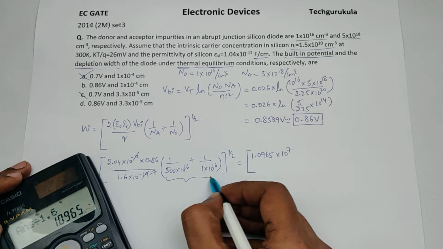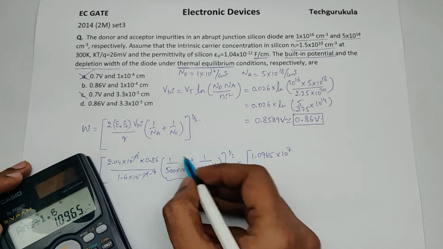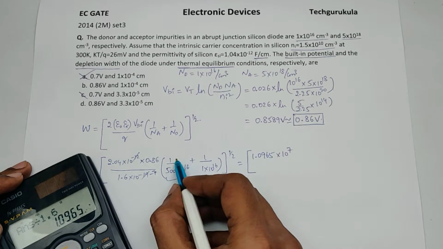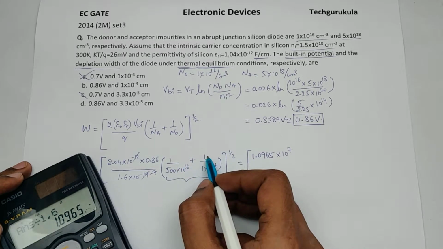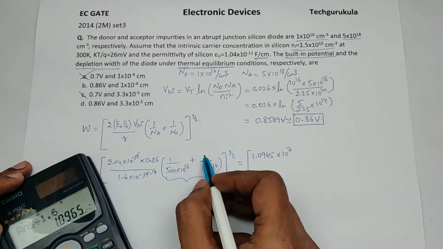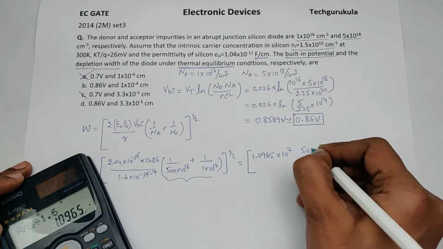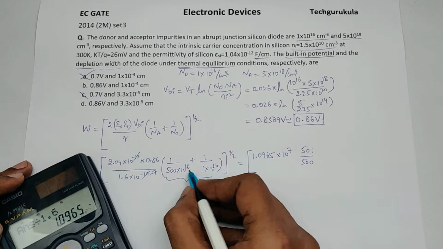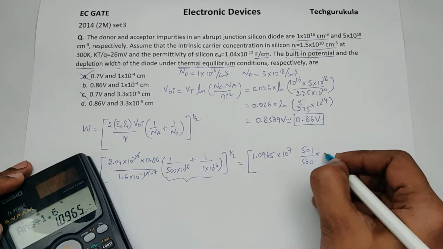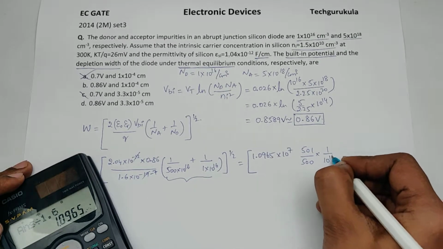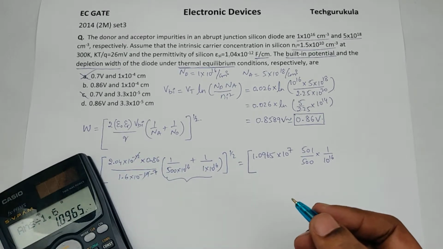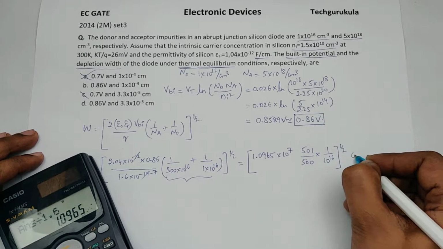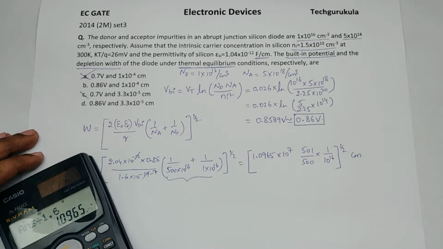Now if I reduce this expression, it becomes 1 plus 500 over 500 times 10 power 16, which becomes 501 over 500 times 10 power 16. Hence I will have 1 over 10 power 16, because 10 power 16 gets cancelled, whole power half, and the units will be in centimeters.